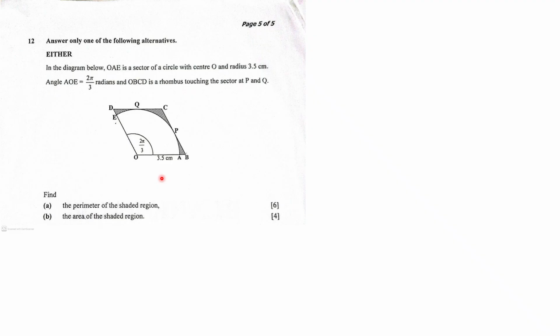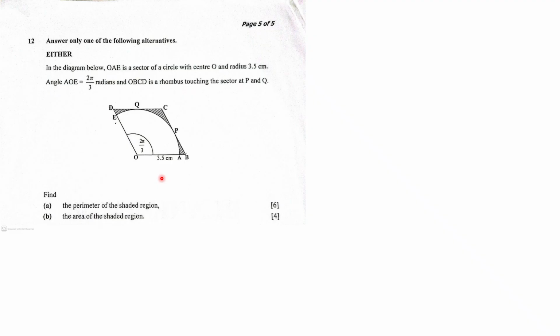The default setting for many calculators is degrees, but anything to do with circular measures is supposed to be worked out in radians. So make sure you change the mode of your calculator from degrees to radians. The angle given is in radians, so everything we are doing will be worked out in radians.